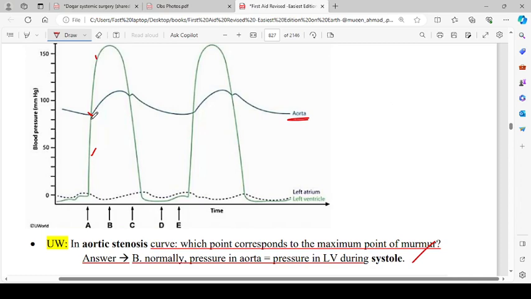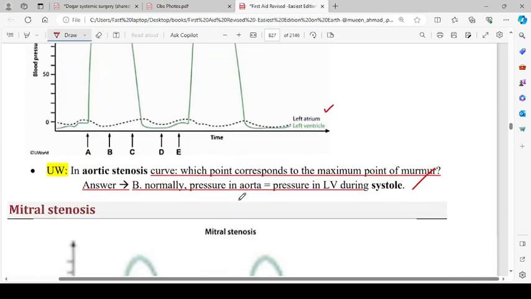So the ventricular pressure is rising, and that is why in aortic stenosis we have concentric hypertrophy of the left ventricle, because it has to put in a lot more effort to push the blood out of its chamber. The left atrial pressure remains almost the same. It is not changing much.